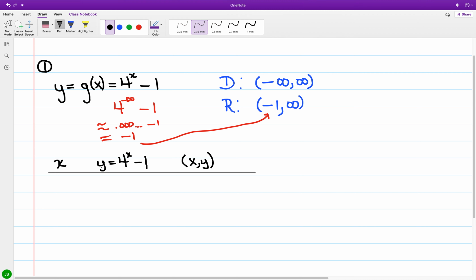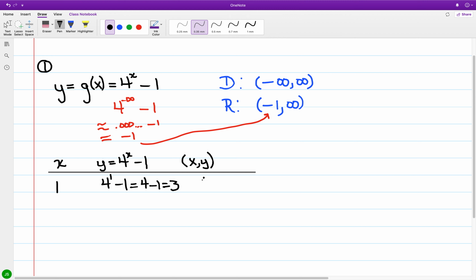Let me mention some points here. If I look for x and y values, if x is at 1, for y we have 4 to the first minus 1. 4 to the first is 4, minus 1, is equal to 3.